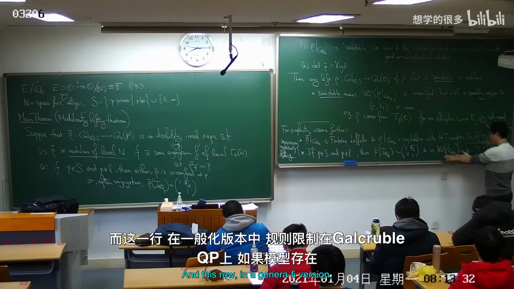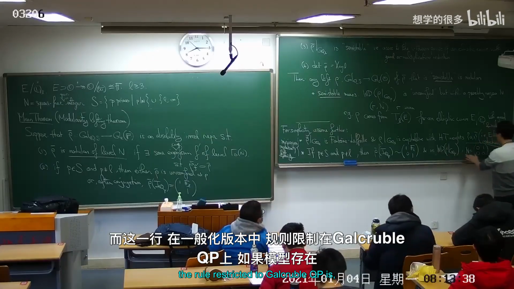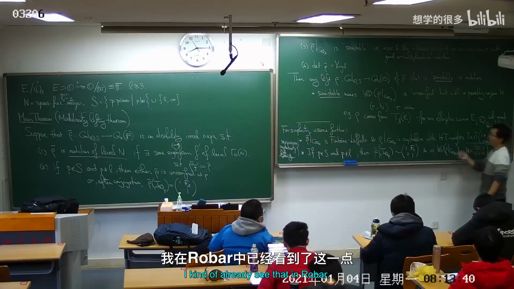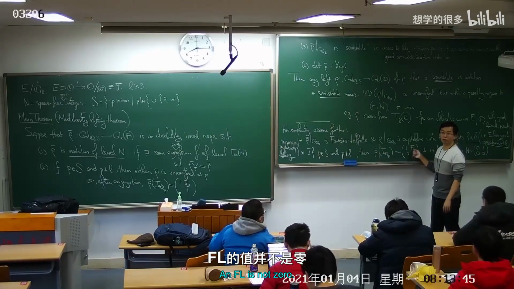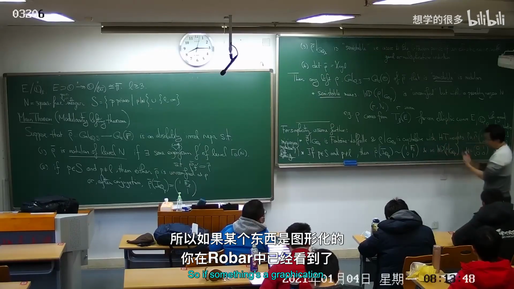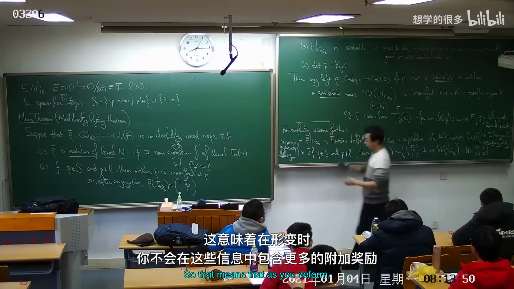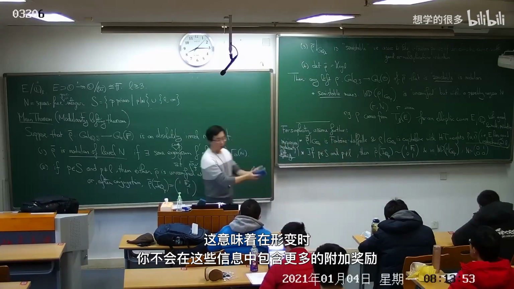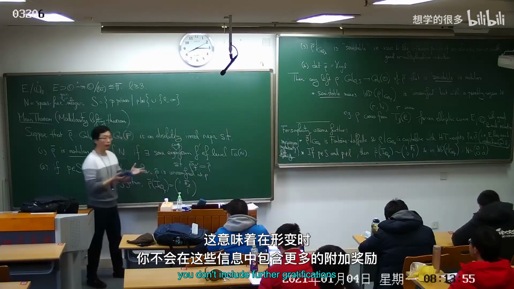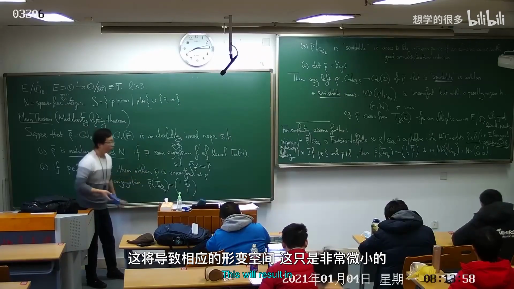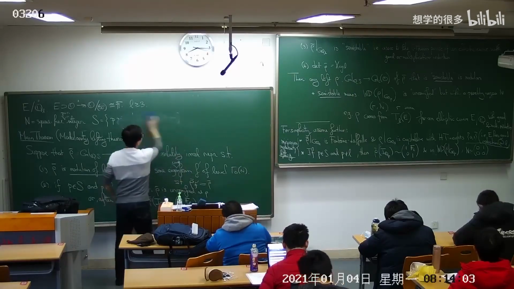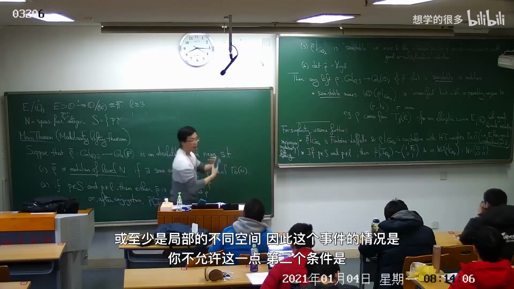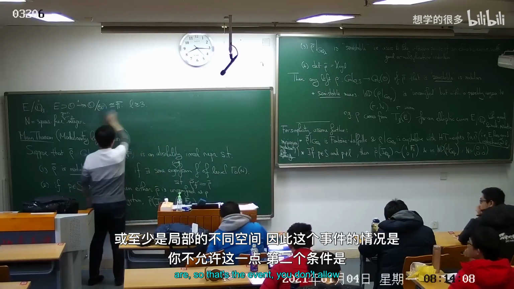And for rho restricted to the Galois group of Q_p, if there's a monodromy N here, I already see that in rho bar. So sometimes the ramification, you already see that in rho bar. That means that as you deform, you don't include further ramifications in such deformations. This will result in the corresponding deformation space, or at least the local deformation space, being smooth. That's the advantage we're taking home.